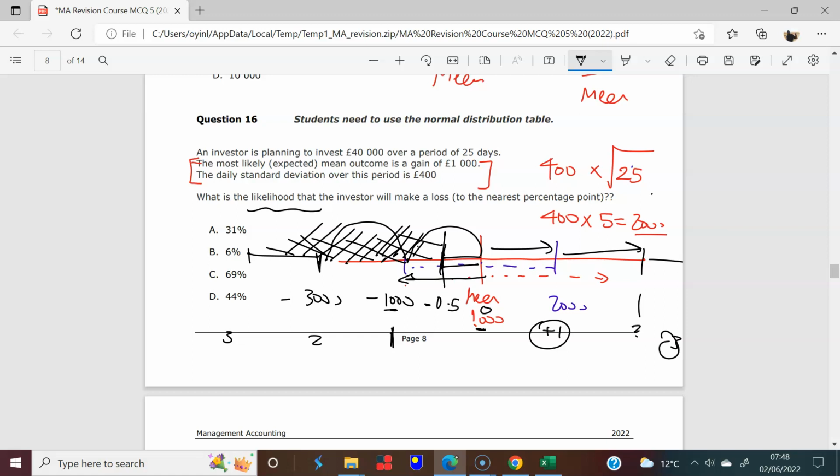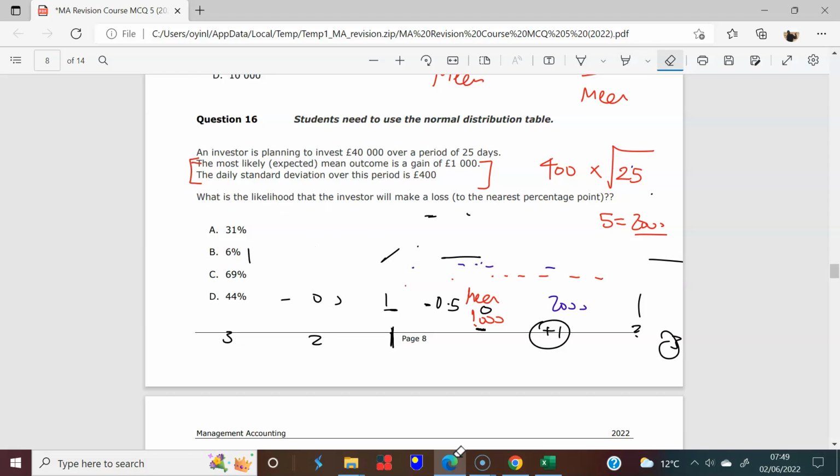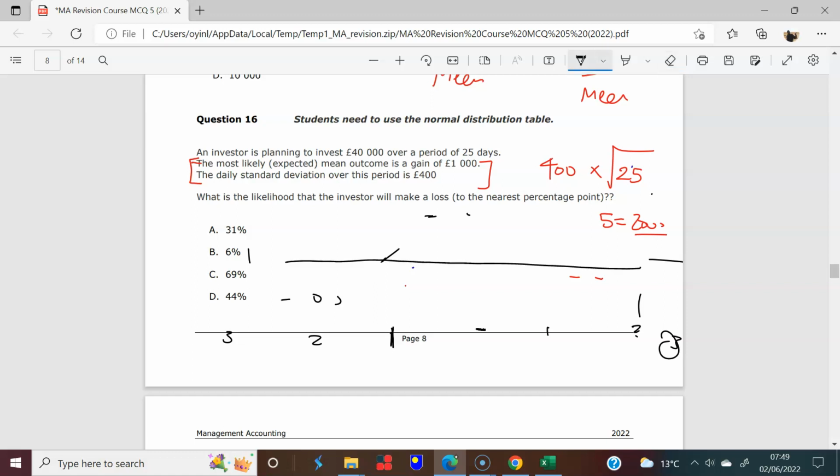And watching the video clears this. I'm just really halfway between 0 and minus £1,000. That's £0, because the mean is £1,000. So another clean way of looking at it would be to look at it like this. £1,000, minus £1,000, and you are here at £0.